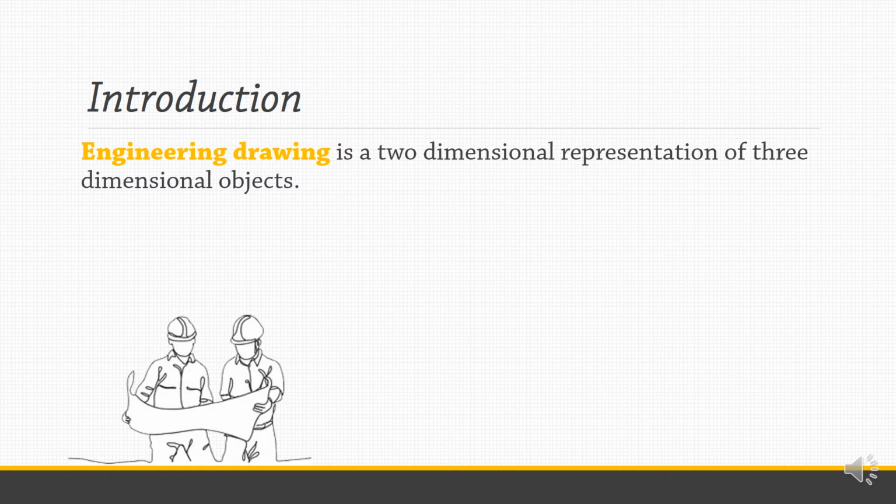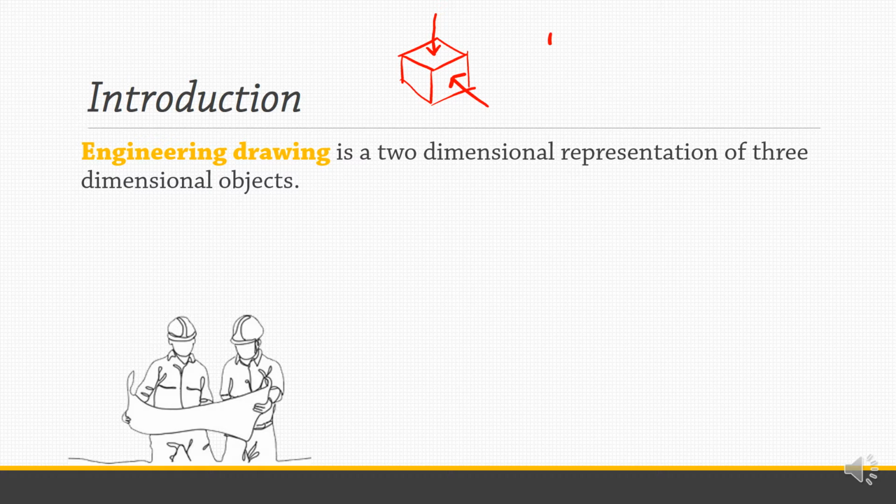Engineering drawing is a two-dimensional representation of three-dimensional objects. So say meron kang cube dito. So this is a 3D object. Engineering drawing is a two-dimensional representation, meaning it could be a view from the top or a view from the left or in any direction.